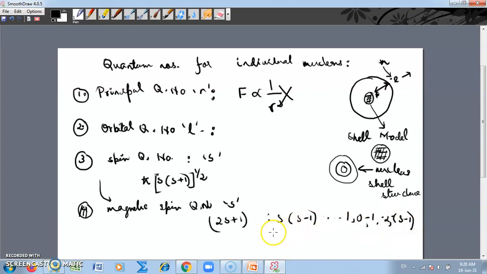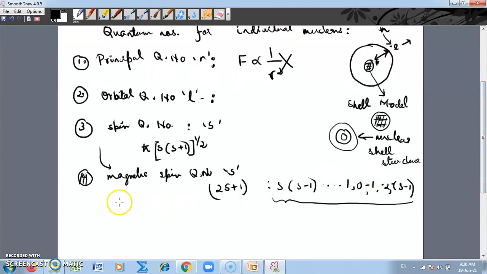So this is twice s plus 1 values. So these are the values of the magnetic spin quantum number, and this obviously arises only under the action of a magnetic field.